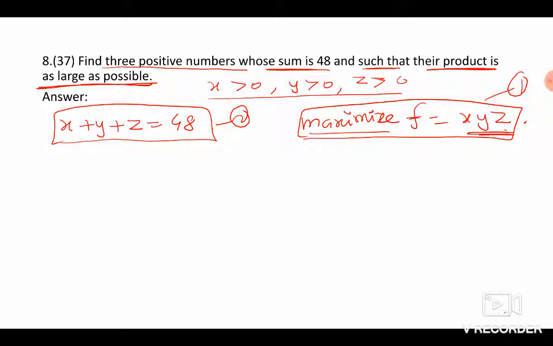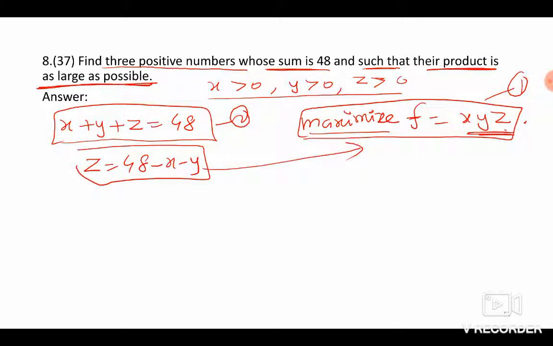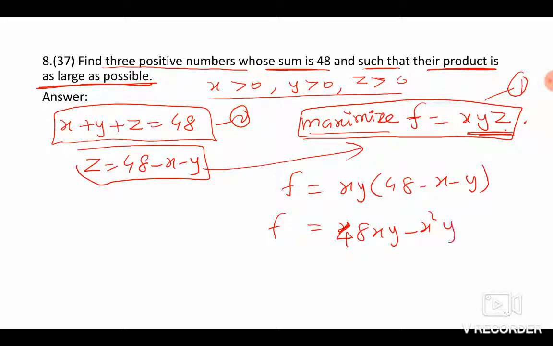From equation number 2, we can find z is 48 minus x minus y. Use this value in this function equation. So f will be xy times z. Z is 48 minus x minus y. So f is 48xy minus x square y minus xy square.